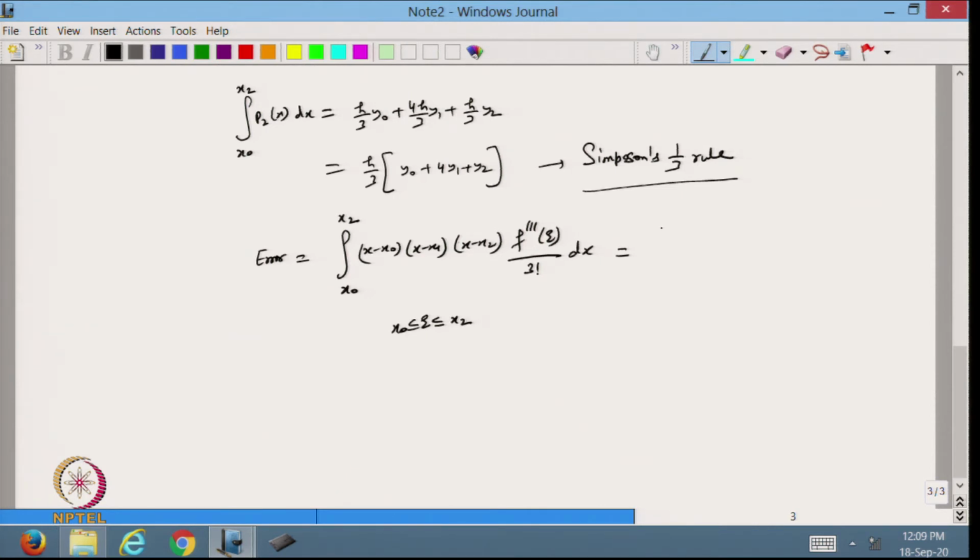Now, from here I can write 3 factorial, so this is basically 6.